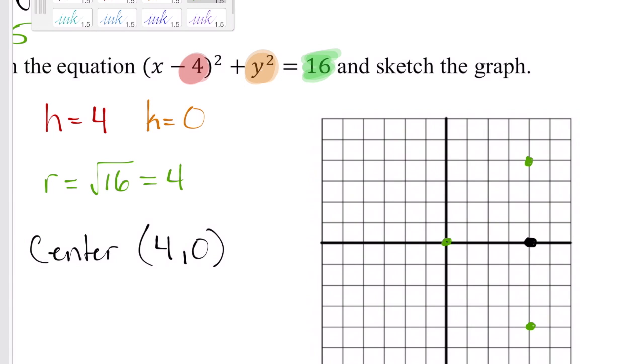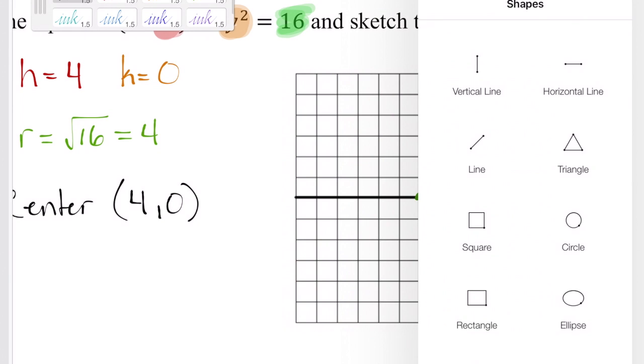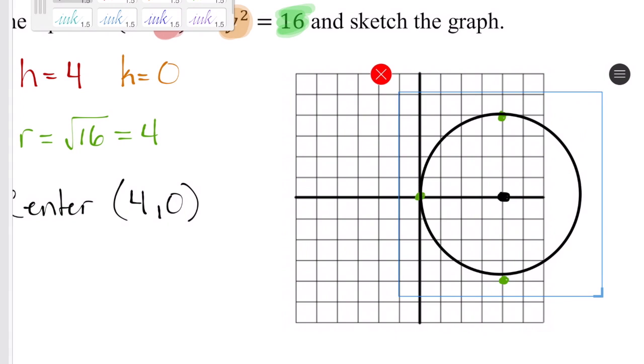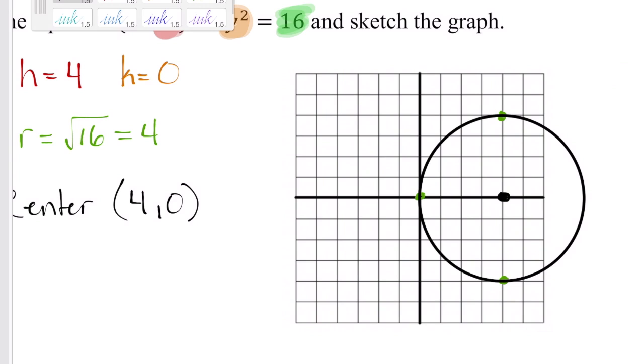I don't really have enough room to go 4 in the other way, but I'm going to cheat a little bit and use my app to do this for me. So I'm going to line up 2 points, bring it out, and so this is where the other one would have been. And that's it, we're done. So there's my radius of 4 and my center at 4, 0.